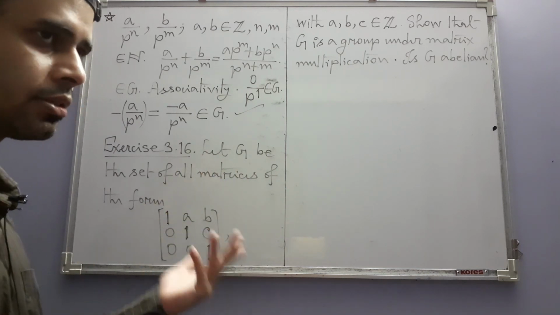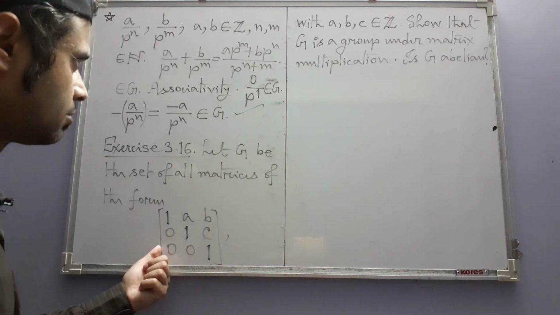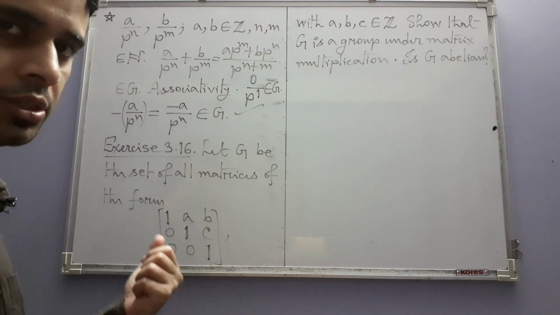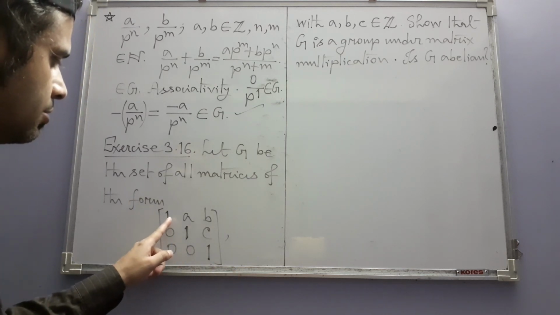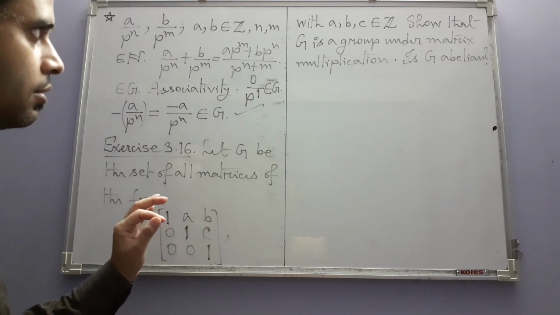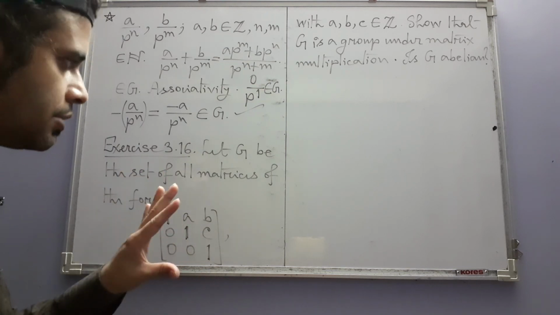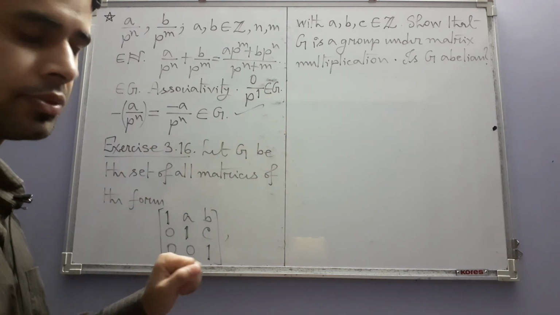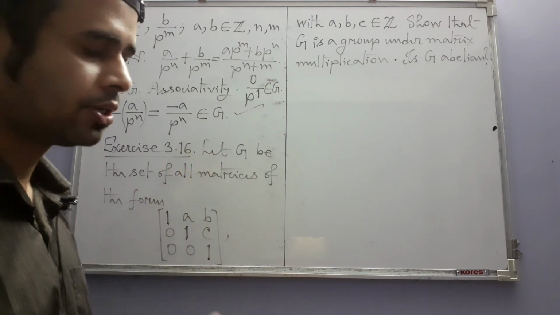Matrix multiplication is a known associative operation, so associativity is also there. The 3 by 3 identity matrix, which is this matrix where a, b and c are 0, is also of this form, so it belongs to G, and that is the identity element under matrix multiplication.